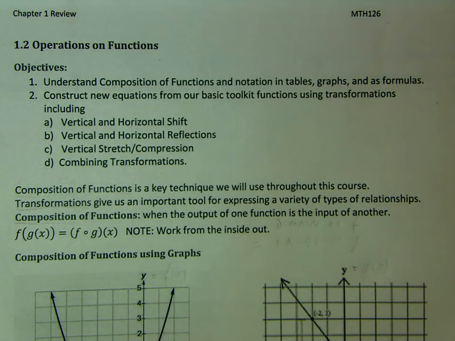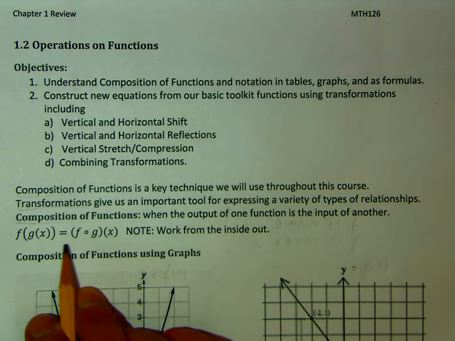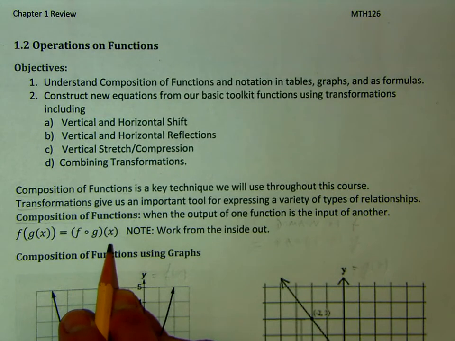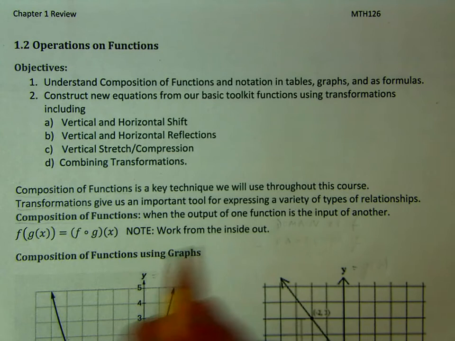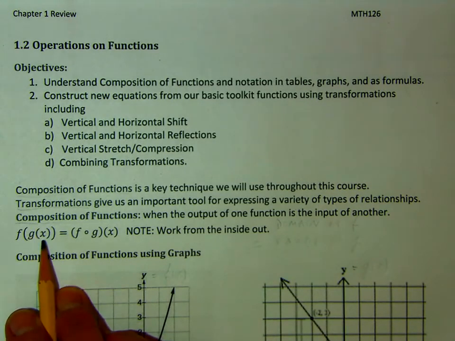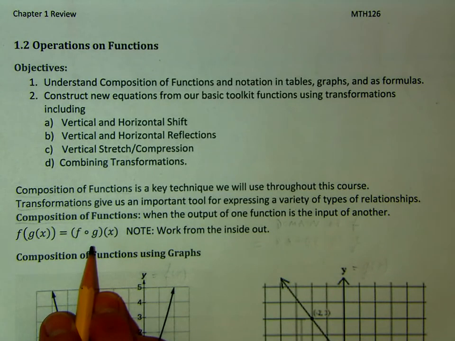Composition of functions is when the output of one function is the input of another. We can write it f of g of x. That's the same thing as f compose g of x. Note that we work from the inside out, so we would evaluate g of x, and then that output would become the input of f of x, no matter which way we write it.